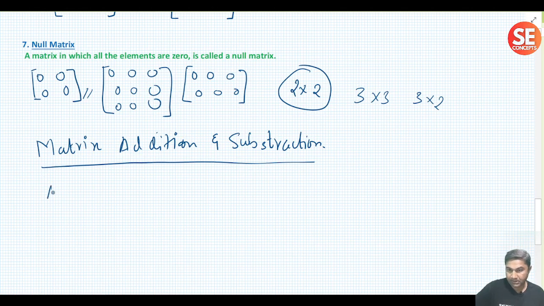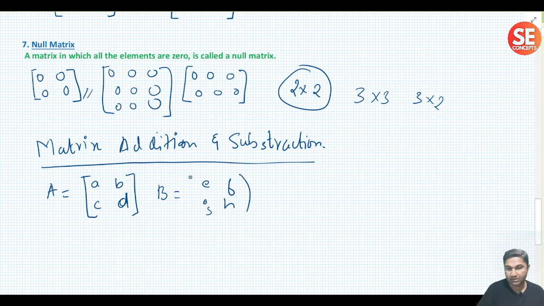Let us say this is matrix A: A, B, C, D. And next, B equal to E, F, G, H. Matrix addition means addition of these two.